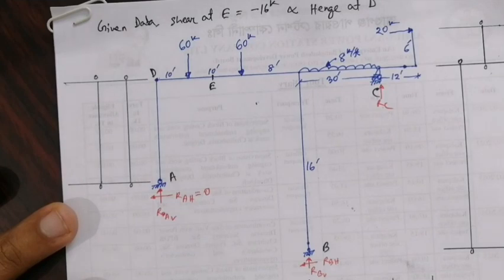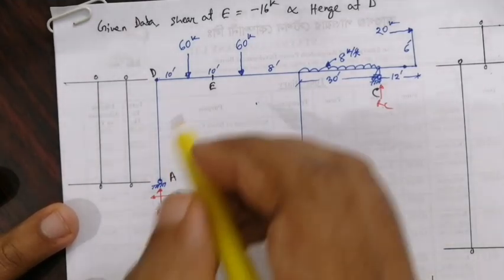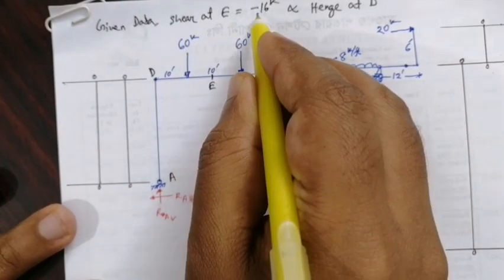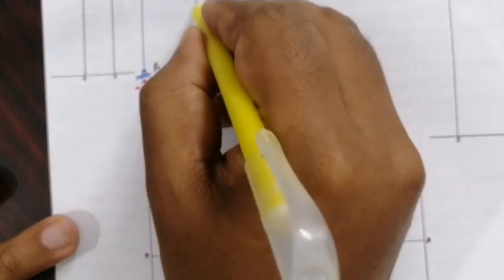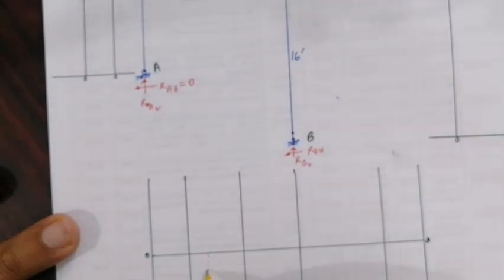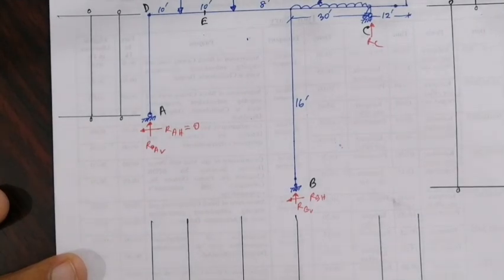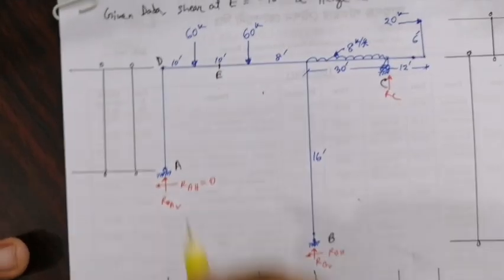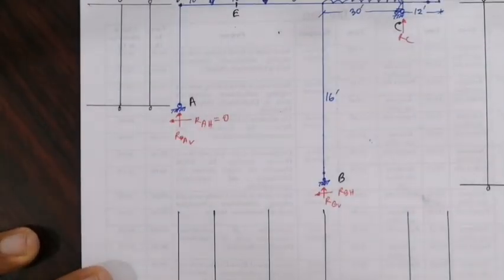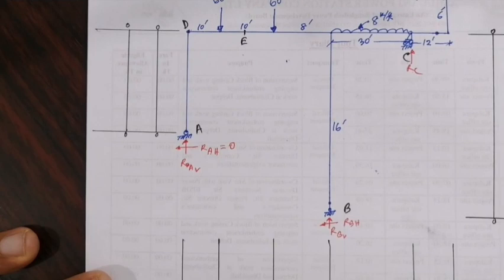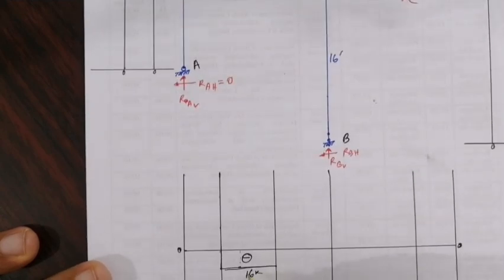Another condition is the shear at E, minus 16. If we draw the SFD for point E, this whole area is 16, kept negative. If we treat this point force, there is 60 kip downward. So this is 16 kip, here is 16 kip.